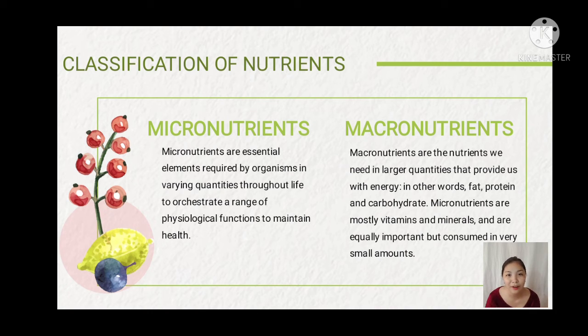The second one is the macronutrients. Macronutrients are the nutrients that we need in larger quantities that provide us with energy. In other words, fat, protein, and carbohydrates. Micronutrients are mostly vitamins and minerals and are equally important but consumed in very small amounts.